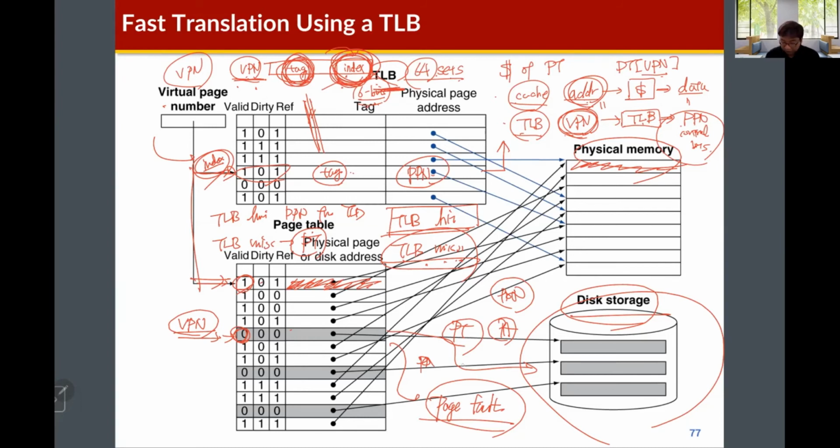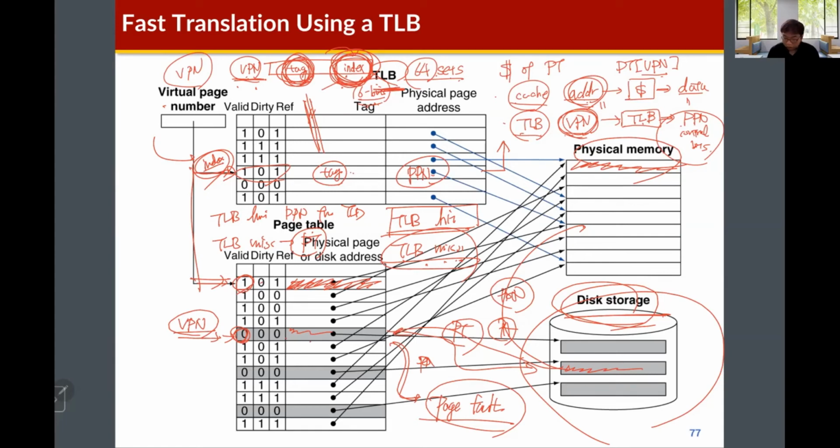So when the page fault is encountered, we need to access the hard disk drive, and then we need to transfer the page block in the hard disk drive to the main memory, the physical memory, and we also need to update the page table because the requested page is transferred from disk to the main memory, right? So this is very, very slow. So this is performed by the operating system, not hardware.